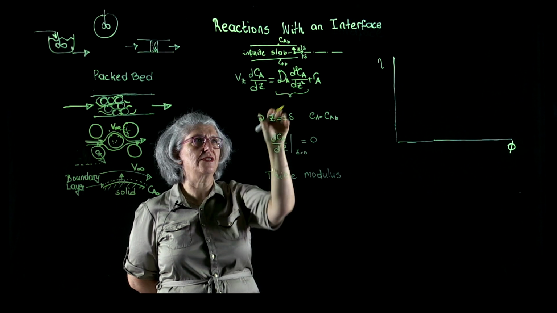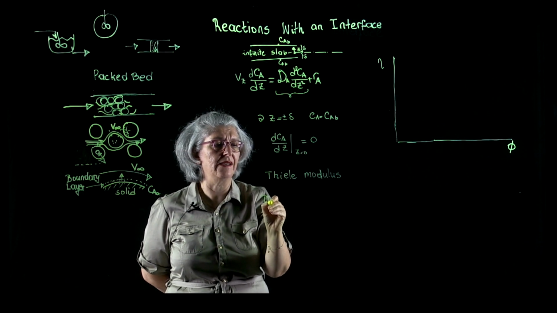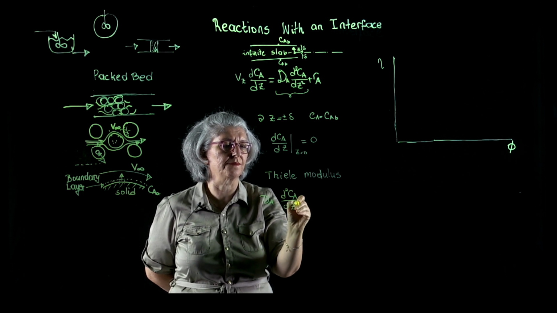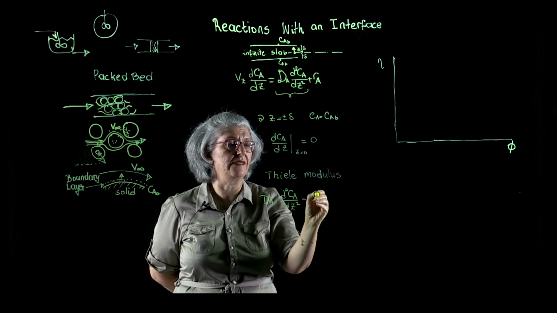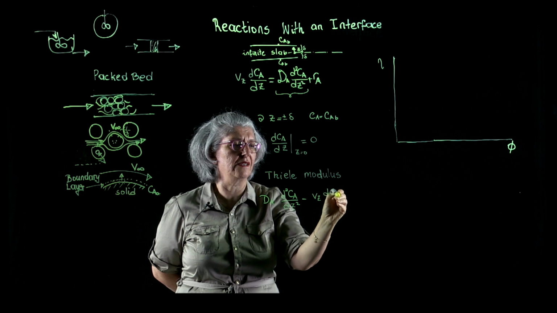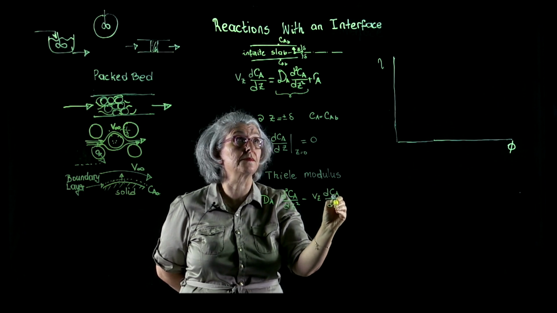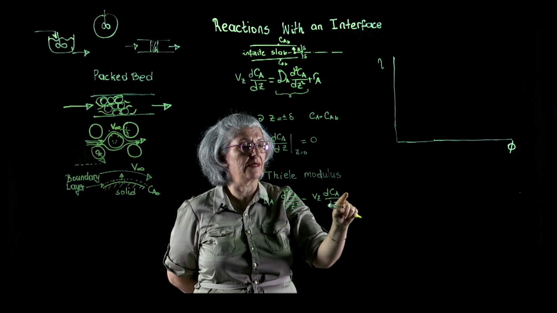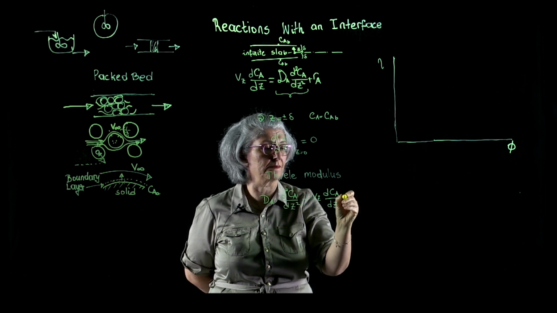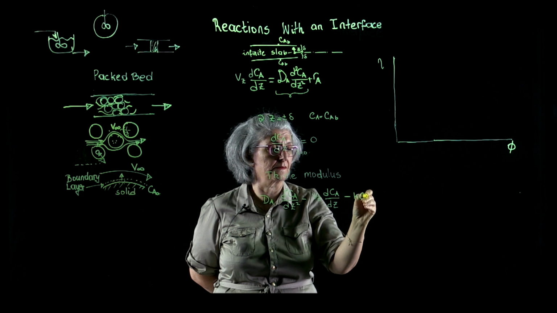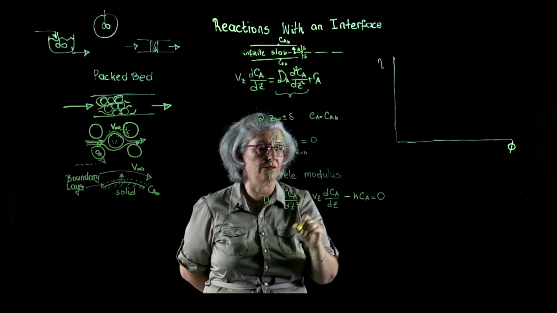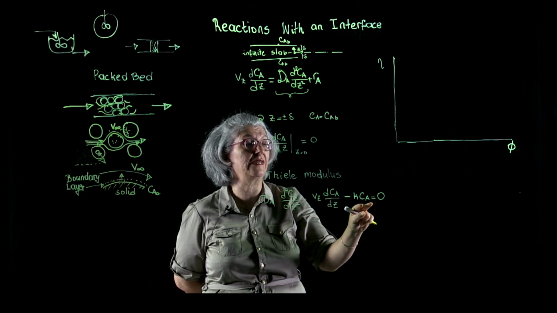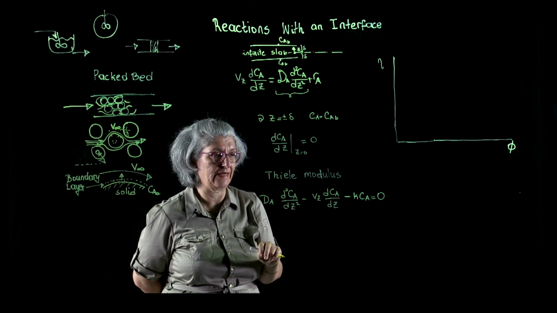I will rearrange this differential equation: dA d square Ca over dz square minus Vz dCa over dz plus R sub A, where R sub A was minus k times Ca, everything equal to 0. This is for a first order reaction, of course, it's not general. For a first order reaction, R sub A is minus k times Ca.